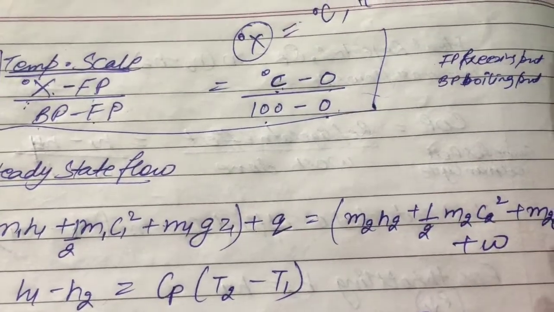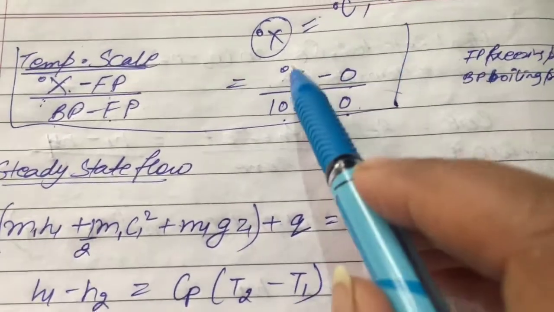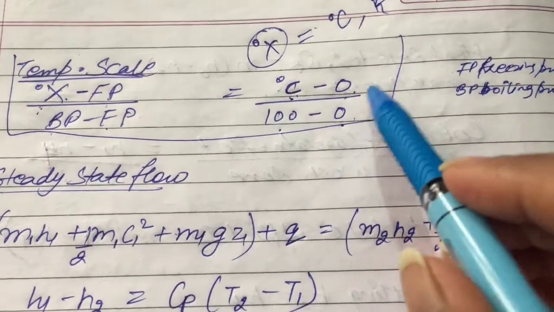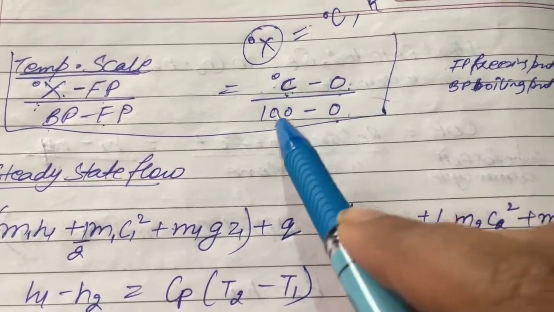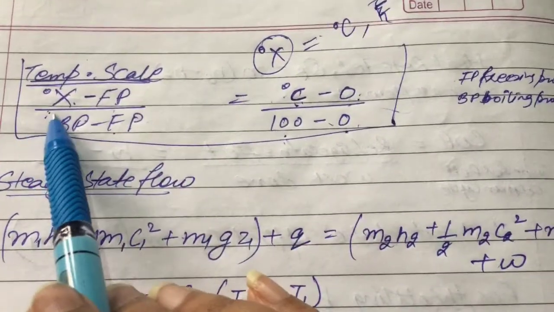And similarly, if we have to calculate in Fahrenheit, then we would put the Fahrenheit freezing point and boiling point temperatures here to calculate it in terms of the x scale.